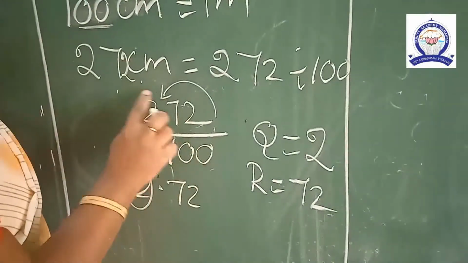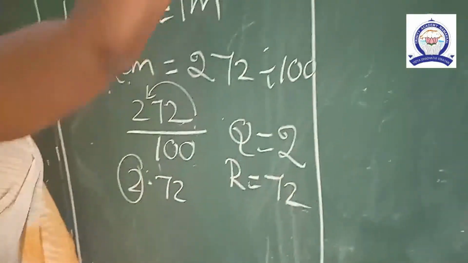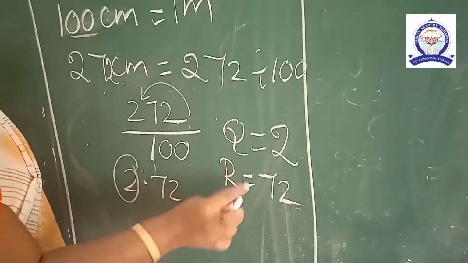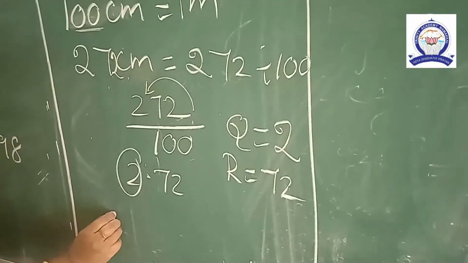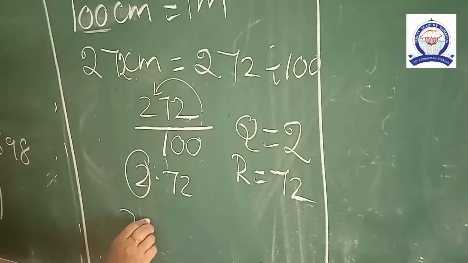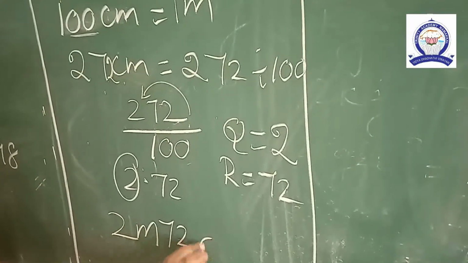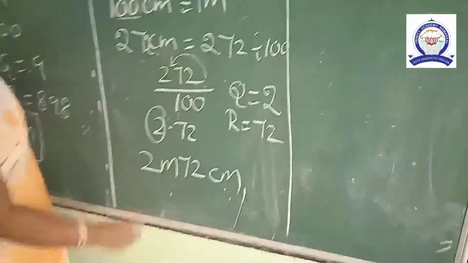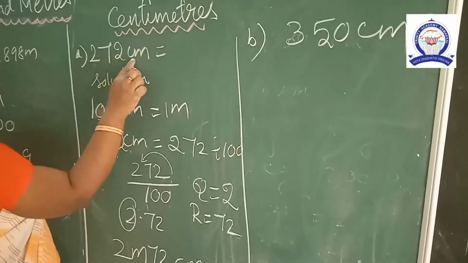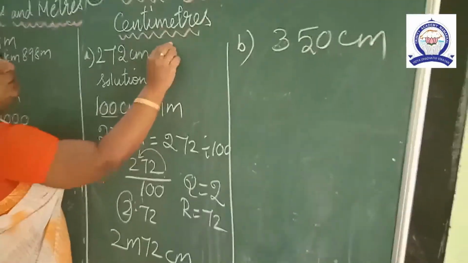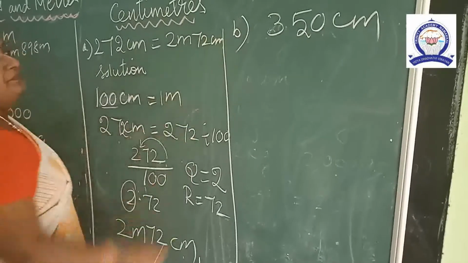You write the quotient 2 in meter, the remainder 72 in centimeter. So the answer is 2 meter 72 centimeter. I am writing the answer once again here: 272 centimeter can be written as 2 meter 72 centimeter.